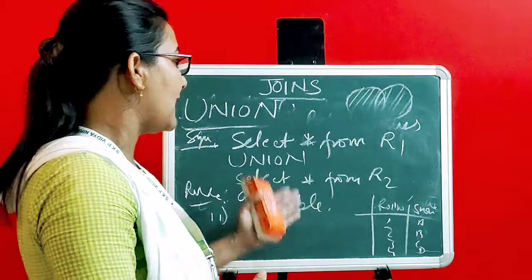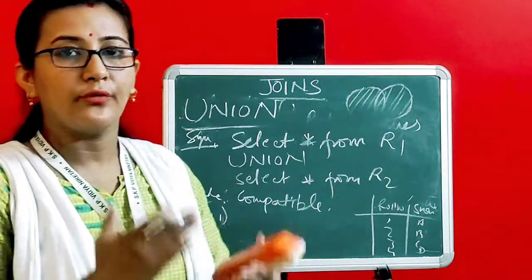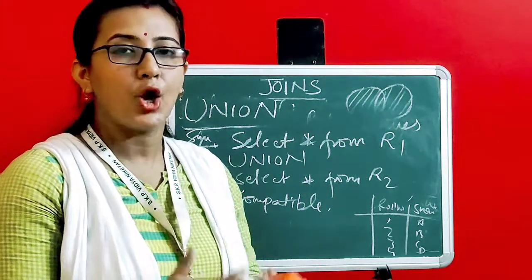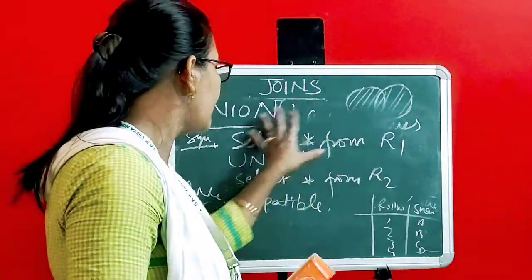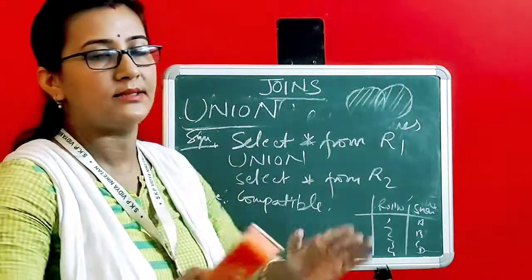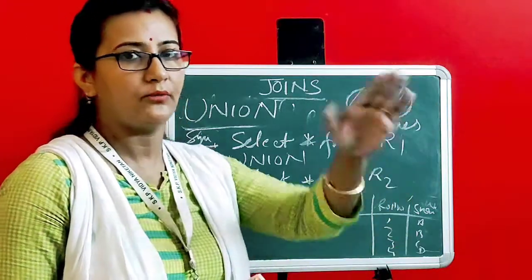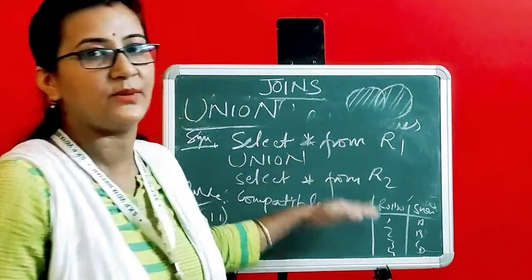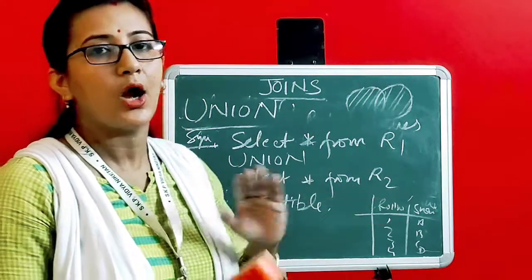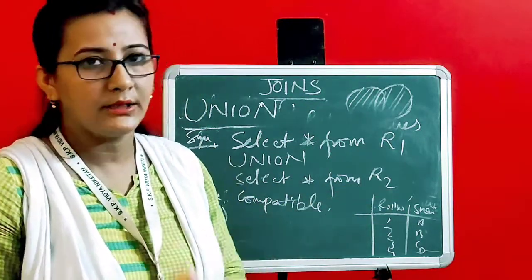If you want to apply an order by clause, it should be at the end of the statement, after performing these two. We will discuss that later. So in between, in any one select statement, the order by clause cannot be used.